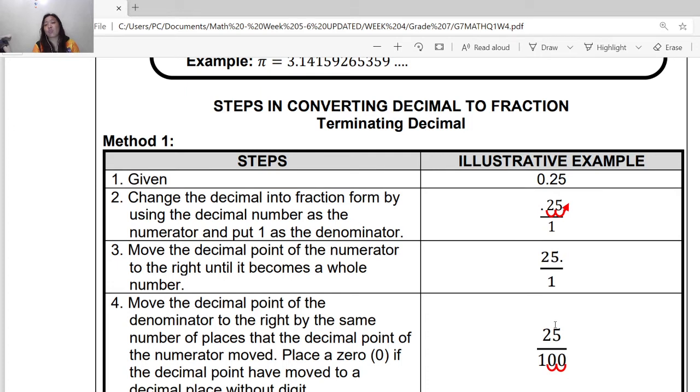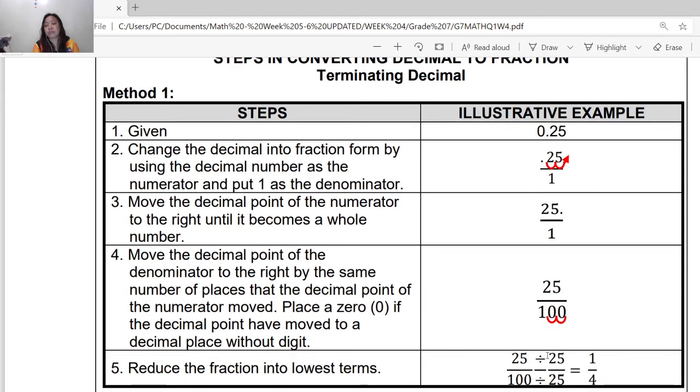And that is 25 over 100. 25 and 100 have a common factor, which is 25. So reducing this fraction using its greatest common factor, we have 1/4. That's it.